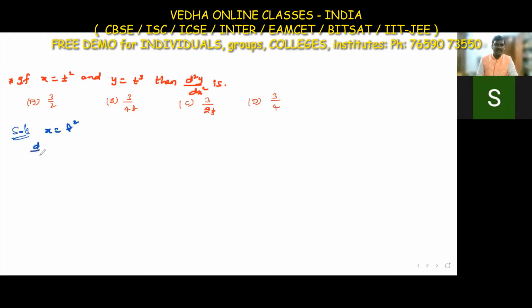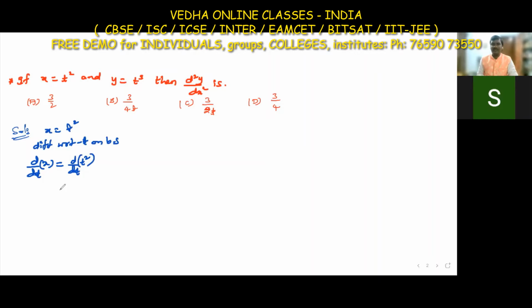If you differentiate with respect to t on both the sides, then we get d by dt of x is equal to d by dt of t square.